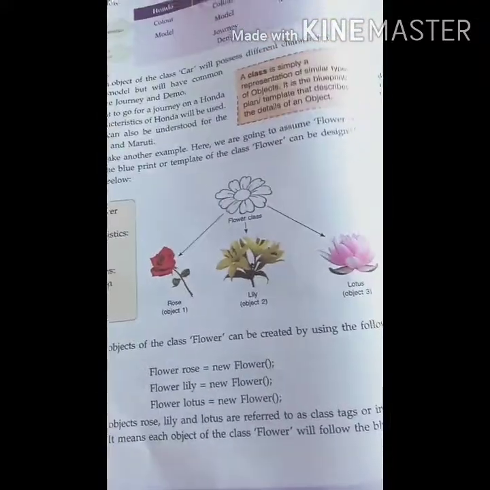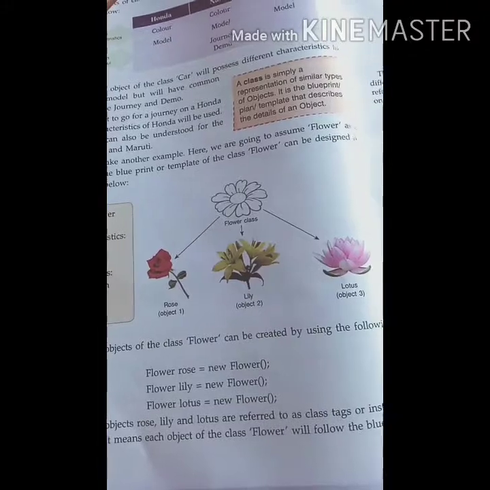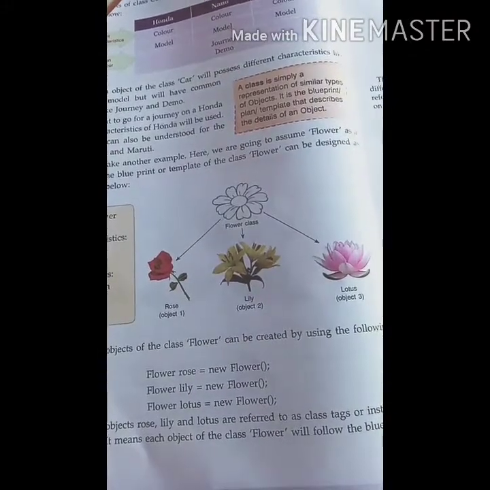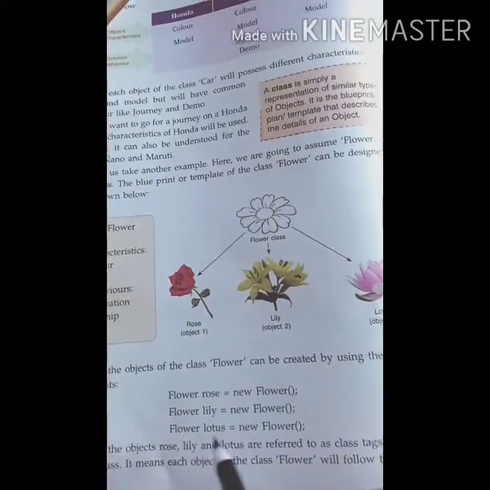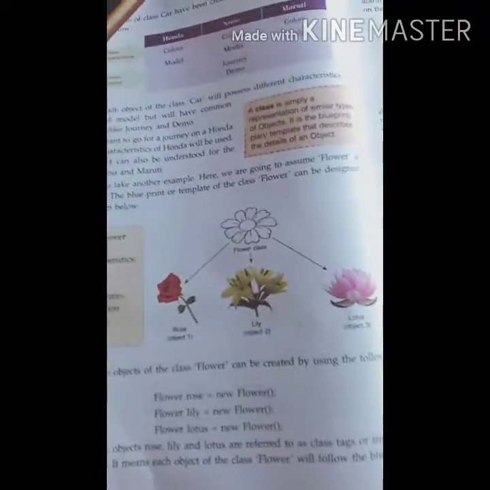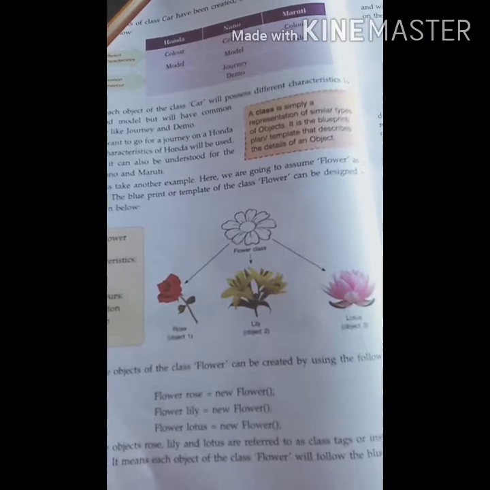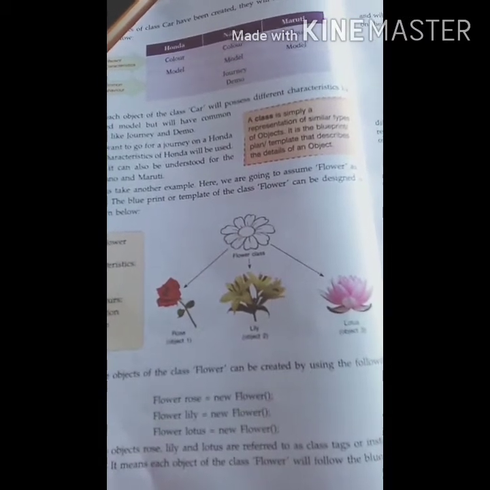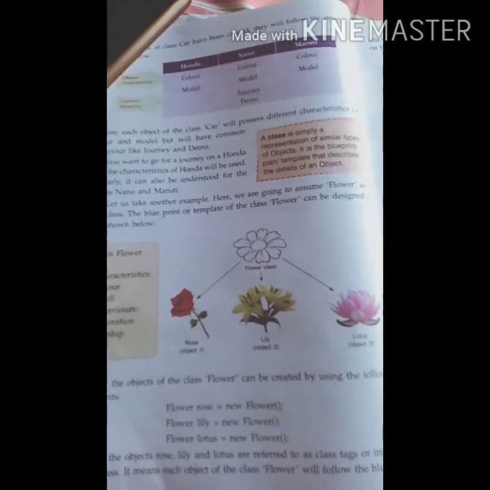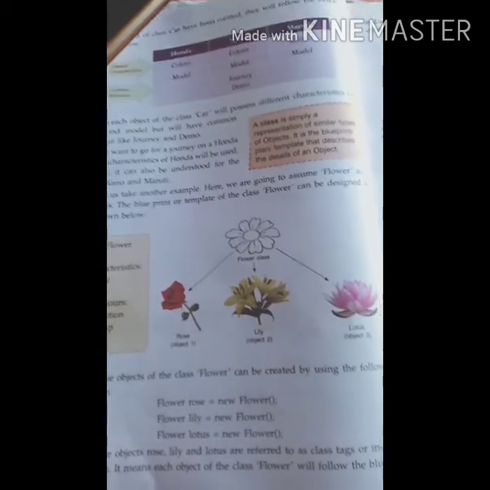Lily equal to new Flower. Lotus equal to new Flower. So here we have one class Flower, and different types of objects we have created: rose, lily, and lotus.